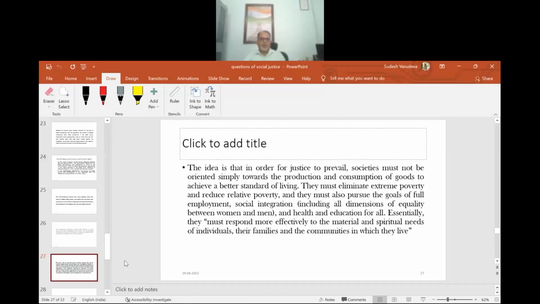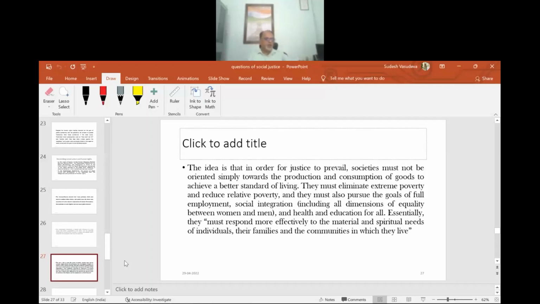It is not only a society to achieve a better standard of living, but it must be a society to reduce relative poverty. And they must also pursue such programs of employment, social integration, including all dimensions of equality between women and men, for health purposes, for education for all.